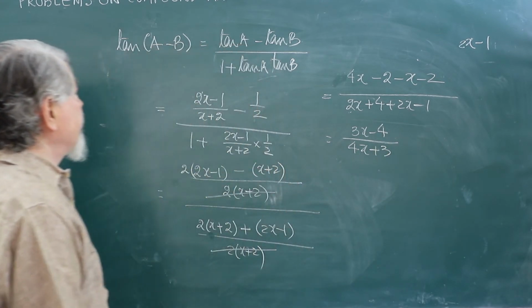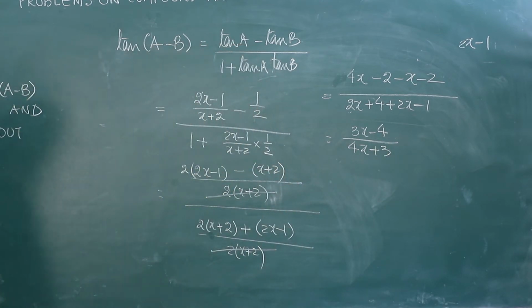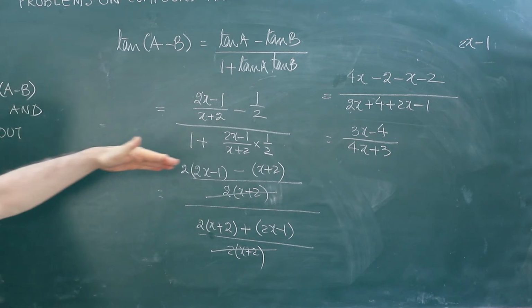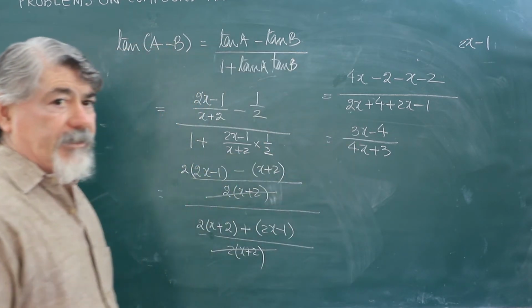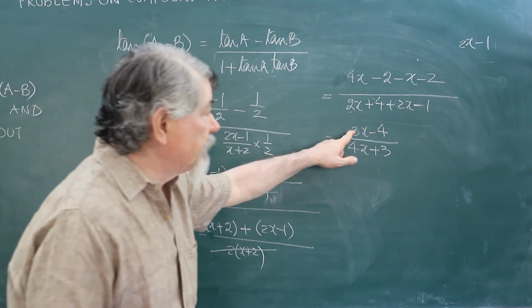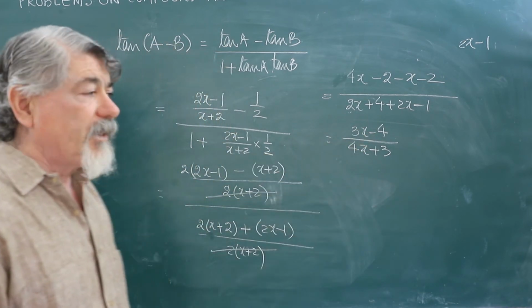That is, you have expressed tan(A minus B) in terms of x. You wanted to obtain an expression for tan(A minus B) in terms of x. So I have got an expression: tan(A minus B) is (3x minus 4) upon (4x plus 3).